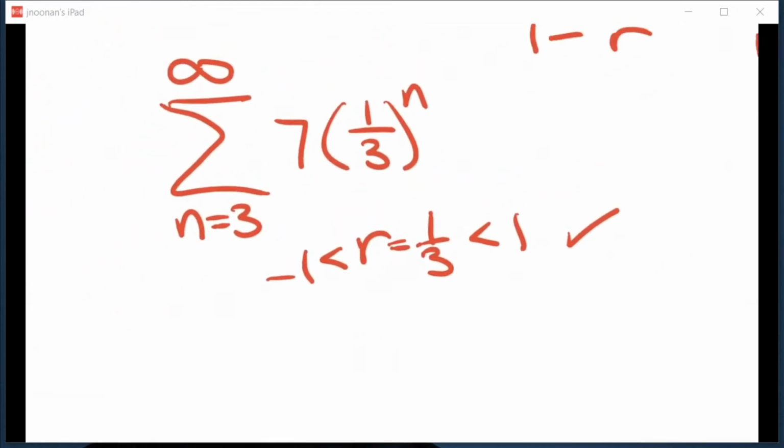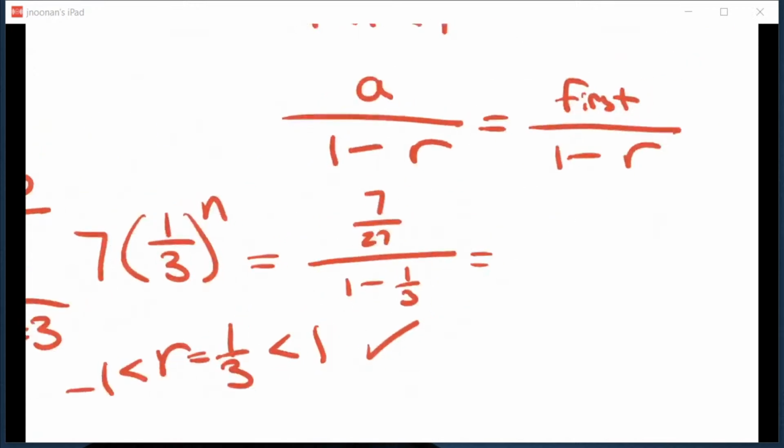The sum will actually be the first term, and the first term in this case is what you get when you plug 3 into that. 1/3 to the third is 1 over 27, so you'd have 7 over 27, all over 1 minus r.